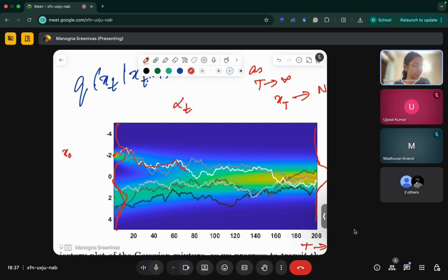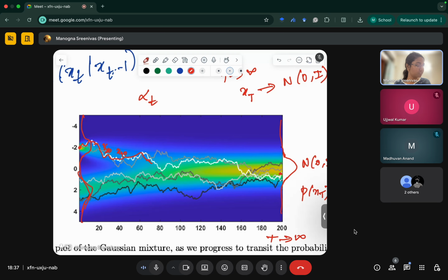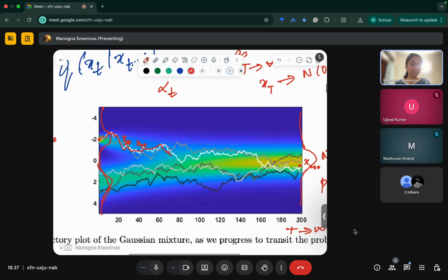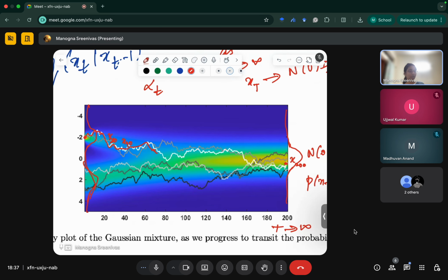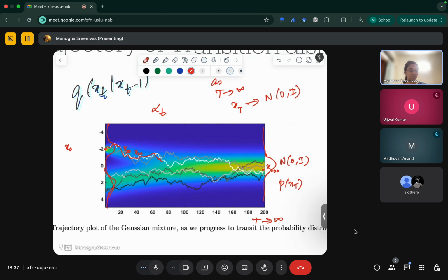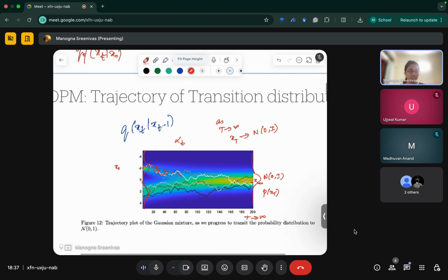At x1 it would be this value, at x20 it is here, at x40 it is here, such that eventually this is the value at x200 for this sample that started from -2. So irrespective of where you are starting from, eventually it converges such that xt looks like a Gaussian. That is what this trajectory shows. Is this clear? Any questions?